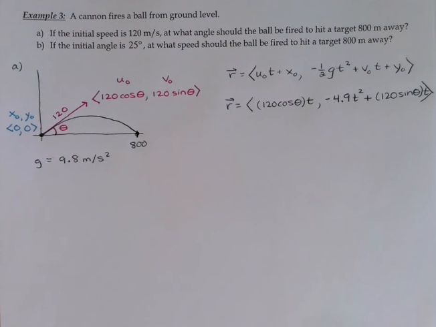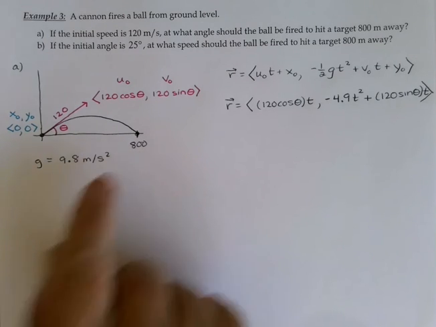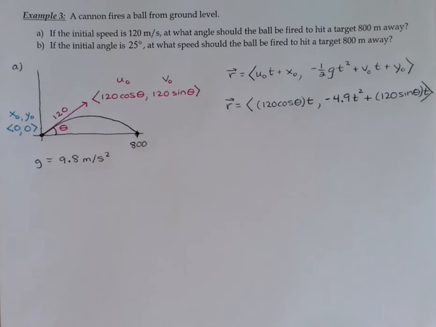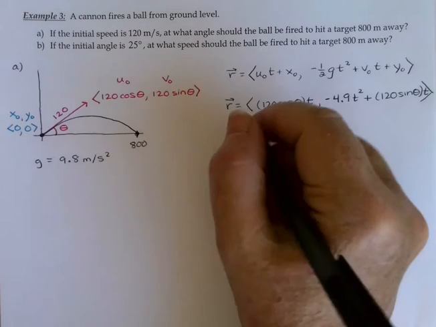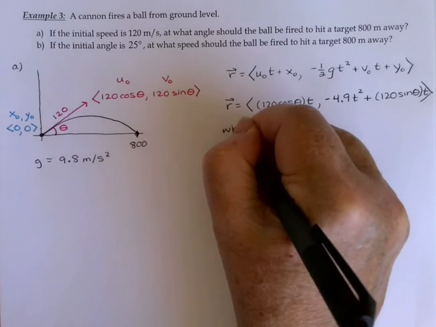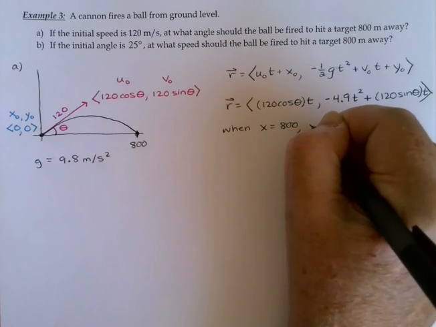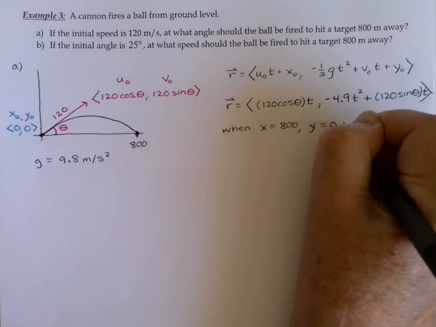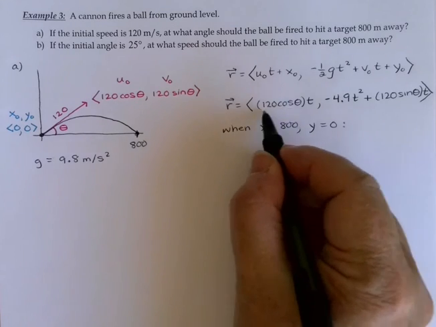All right, we're now going to actually set up a system of two equations with two unknowns. And I'm going to do that by using this point where this cannonball has to land. I know when the ball lands, the x value is 800 at the same time as the y value is 0. So I'm going to set x equal to 800.